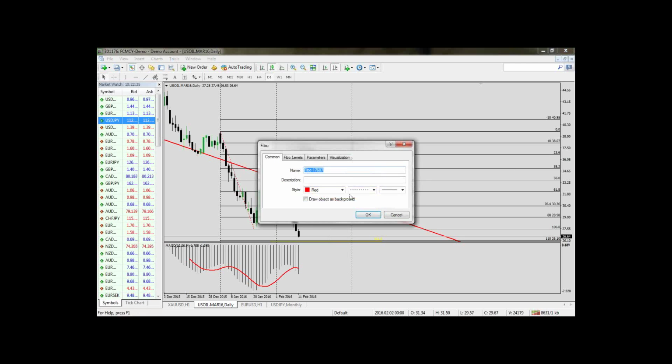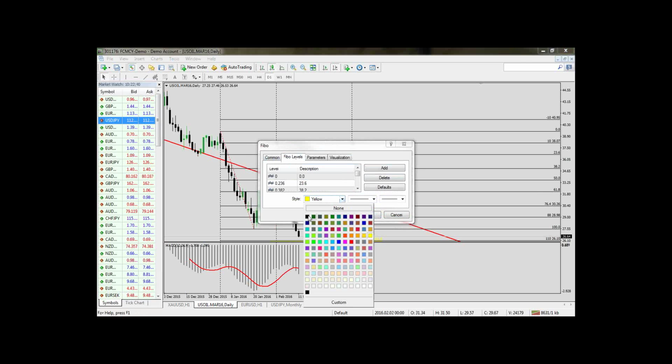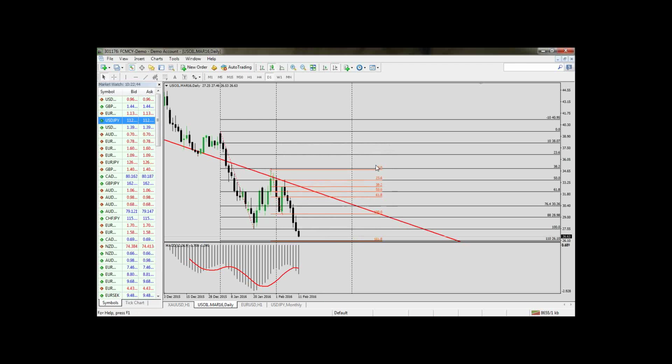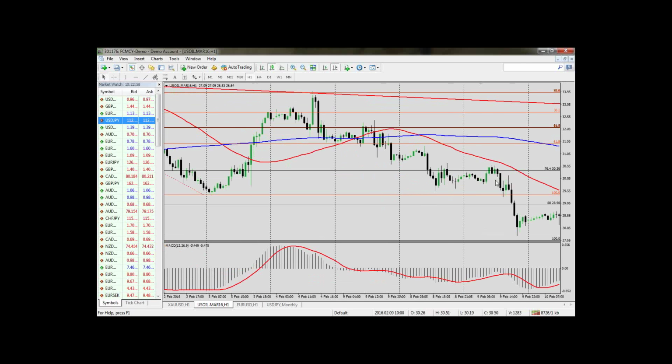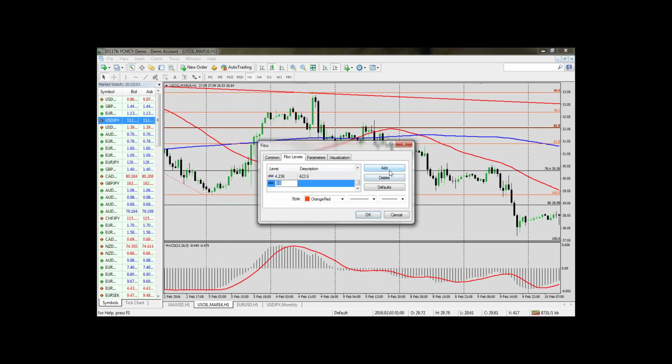I'll just change the color over here to a different one. Okay, let's take this one. Taking a close look at Fibonacci overall, we can see that on the hourly time frame the 100 level was broken below. And from the 100 level, we also need to add the 138.2 level on it.